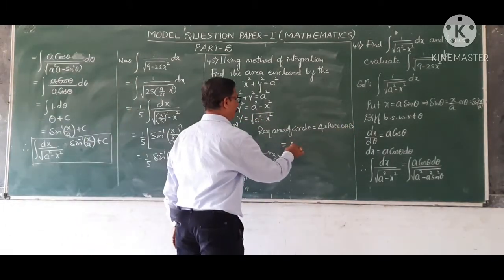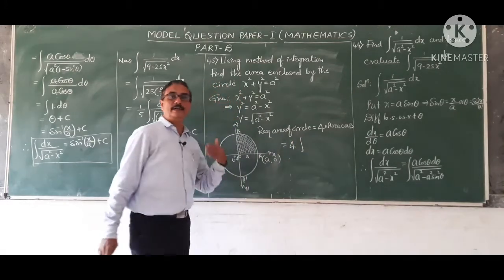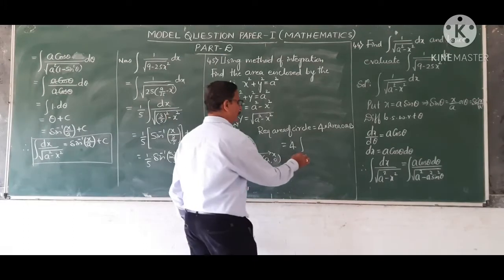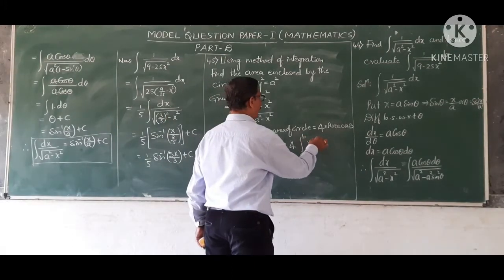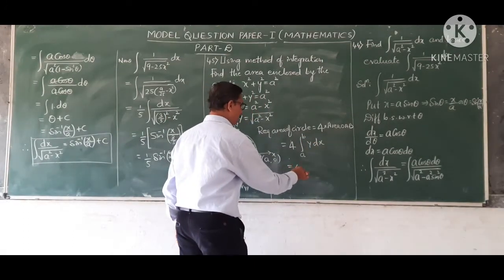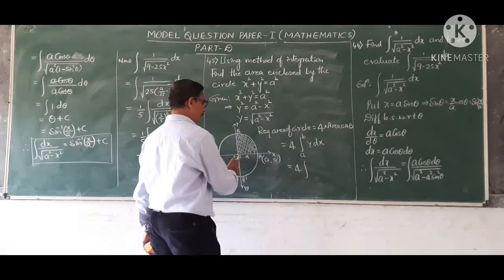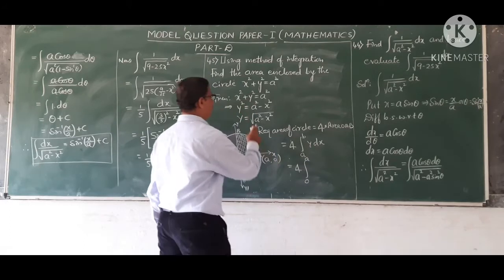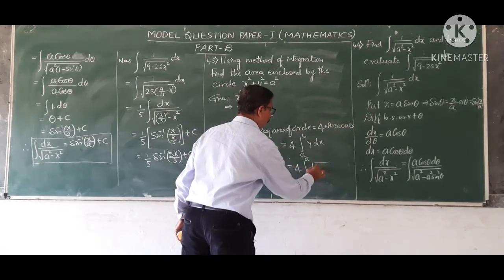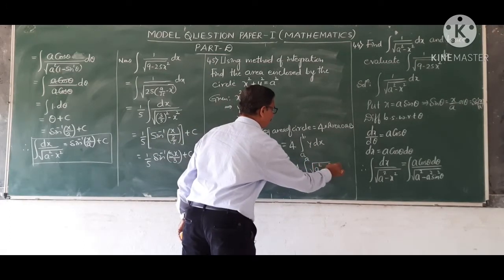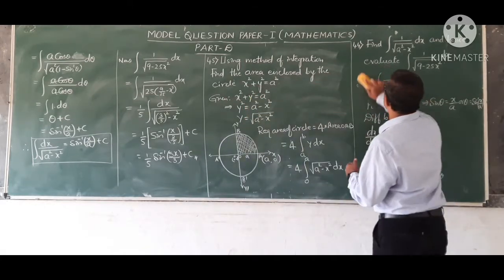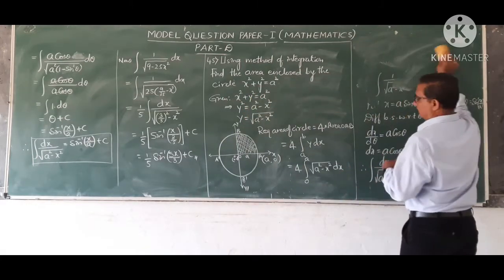That is 4 into area bounded by the curve with x-axis, which is given by the formula you know, integral from a to b of y dx. a is lower limit, b is upper limit. Here lower limit is 0, upper limit is a, y dx. What is the y value? Under root of a square minus x square with respect to x. Okay, but you know the formula.